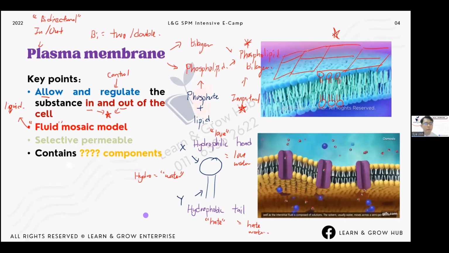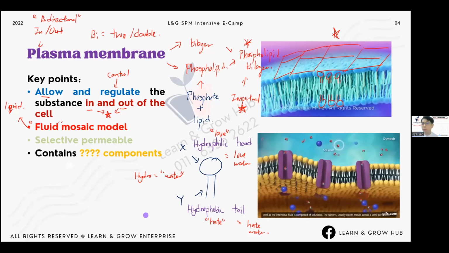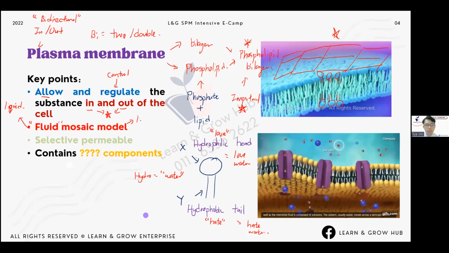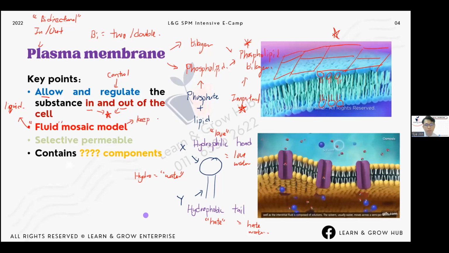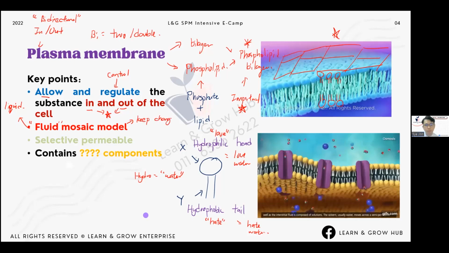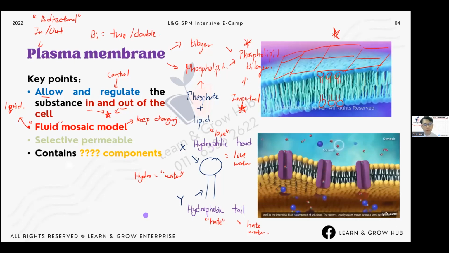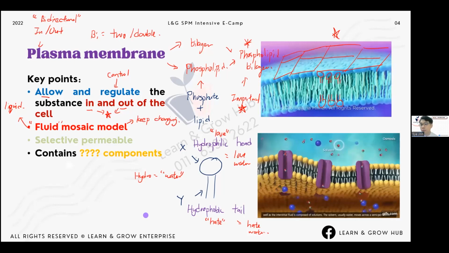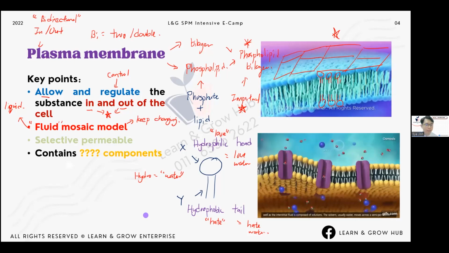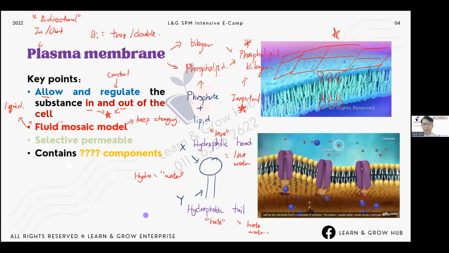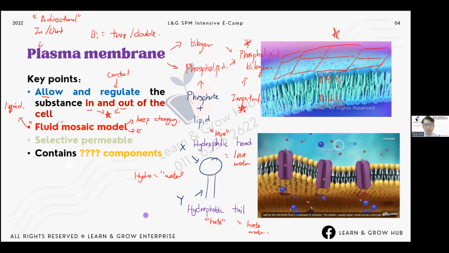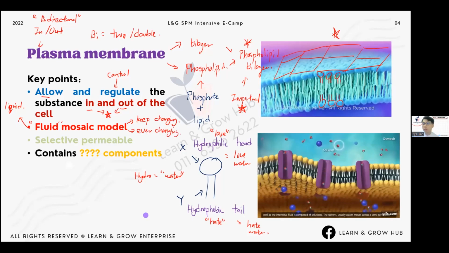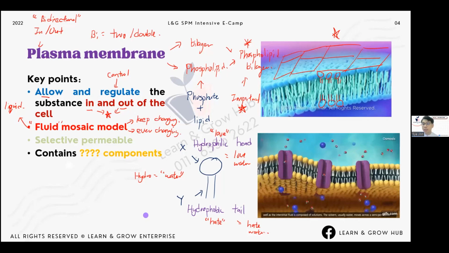One of the critical terms to describe the fluid mosaic model is that they keep changing. The fluid mosaic model states that the components on the plasma membrane, we will see later what they are, keep changing their places. They are ever changing, or keep changing, having a similar meaning. That means they are not able to stay in one place.